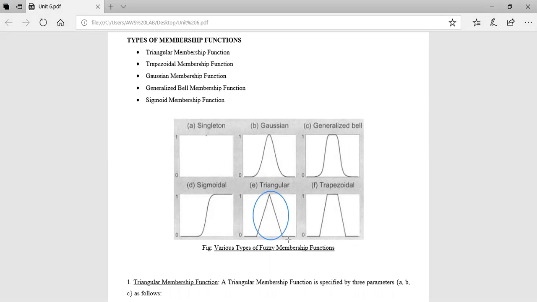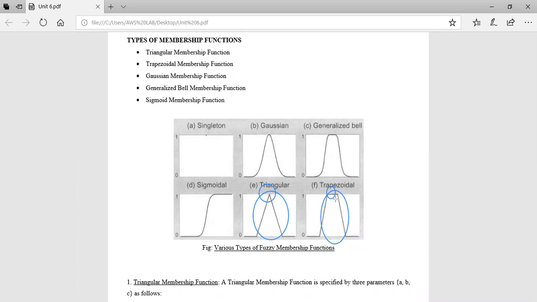The second one is trapezoidal. In trapezoidal there will be a slight variation. In a triangle, the edge will be sharp, right? That is the difference. Trapezoidal is similar to the triangular, but the curve will not be sharp.